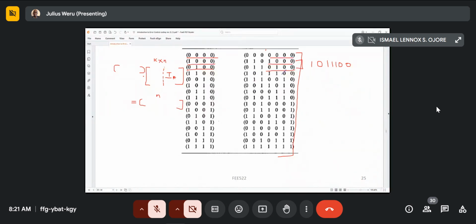Yeah, you get this one. You see, you have added these two, you got this one. So if you add modulo 2 any two code words, you get a code word.